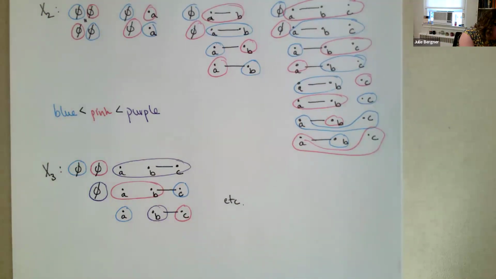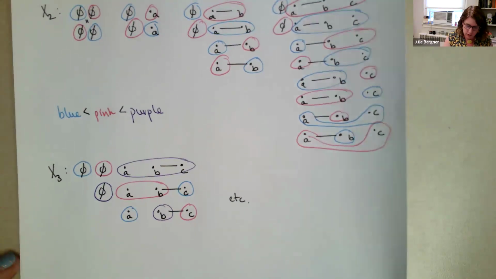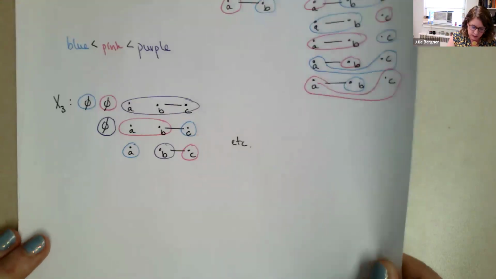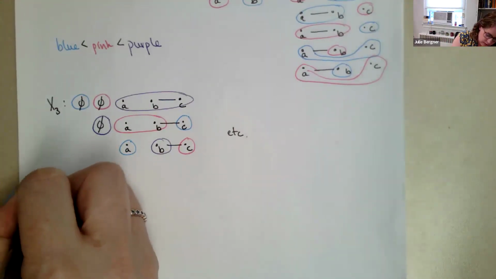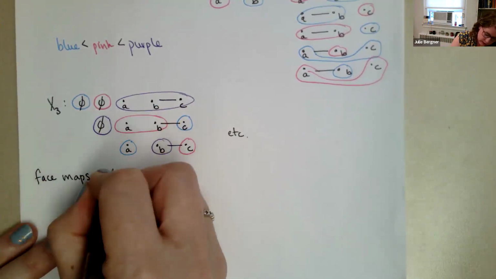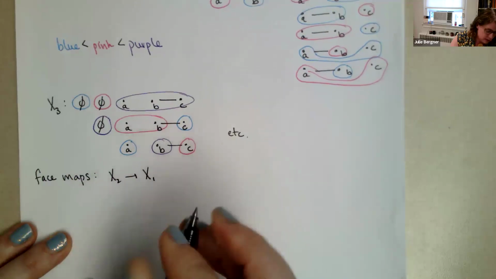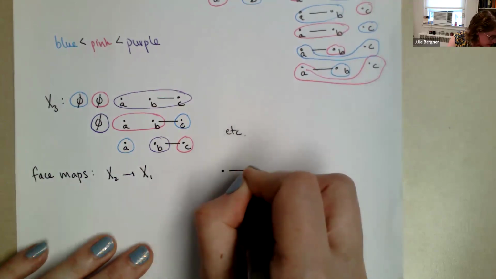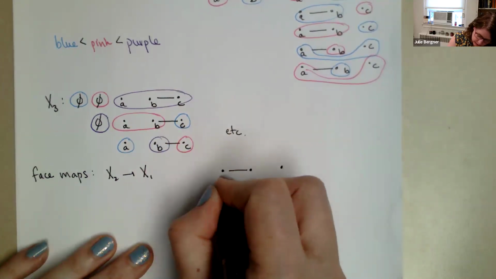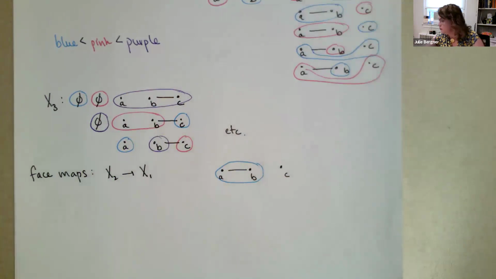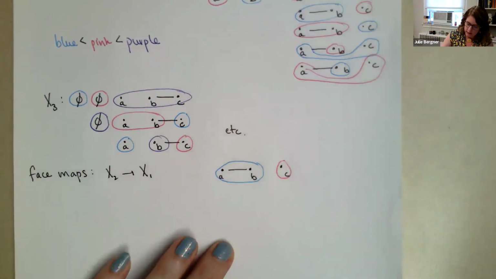So let me just quickly describe the simplicial structure here, because I haven't done that. If I want to look at the face maps, let's just look at what the face maps from X2 to X1 would do. So here's an element of X2. So let's do the 2 simplex here.